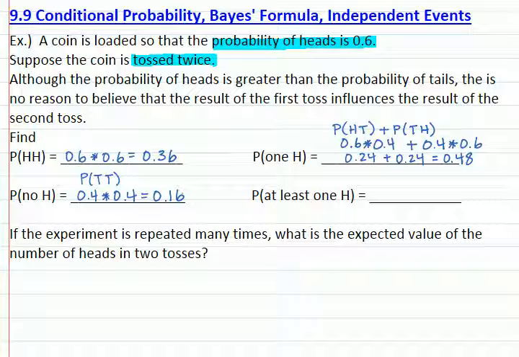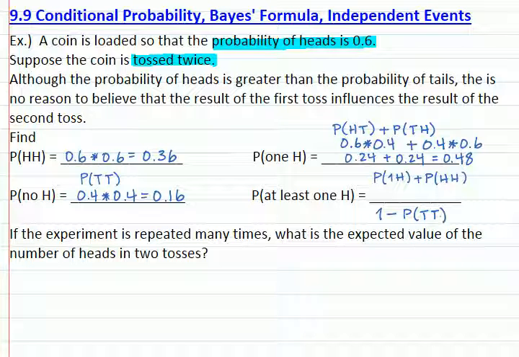And the probability of getting at least one head is either one head plus two heads. So there are two ways of thinking about that. The probability of getting one head or of getting two heads. We can also think that it is the probability of the whole sample space, 1, minus the probability of getting no heads.